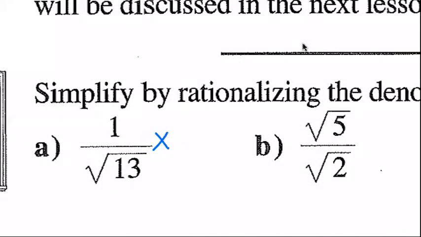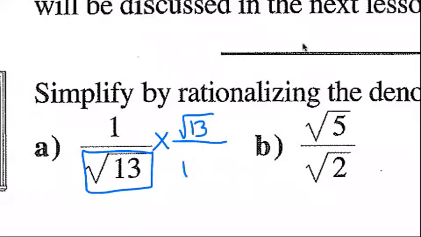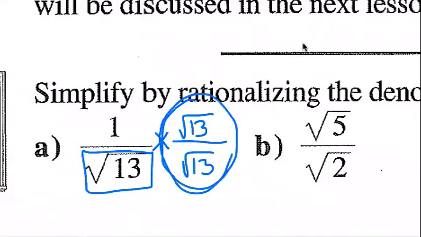So we multiply by a fraction that doesn't change the question, which means we multiply the numerator and the denominator by the same thing. And that thing is whatever that radical is. Multiply by square root 13 over square root 13, which is essentially like multiplying by 1. So we're not really doing anything to the question, we're just manipulating it.